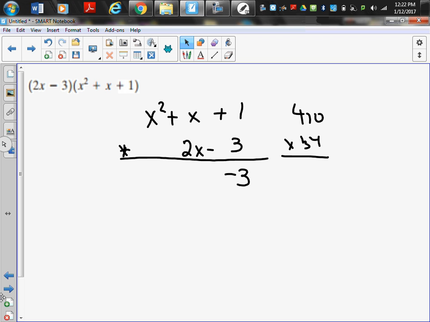You're going to go 4 times 0, 4 times the 1, 4 times the 4. So we're doing it the exact same way. So we're going to go negative 3 times 1. Negative 3 times x. Negative 3x. Yes, negative 3x. Negative 3 times x squared.